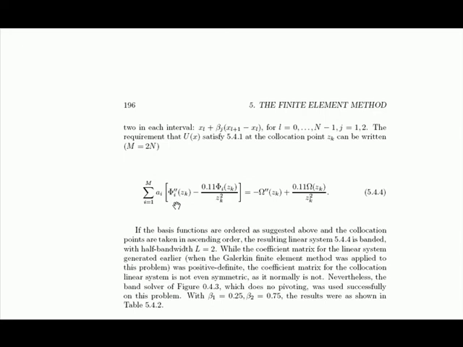However, it turns out that the collocation method, assuming we're solving a second order problem, which we are, requires trial functions, phi's and omegas, which have continuous first derivatives. That's why we're using these cubic Hermites. They do have continuous first derivatives, and they will work. However, the piecewise linear functions do not have continuous first derivatives, and they won't work with the collocation method. They do work with the Galerkin method.